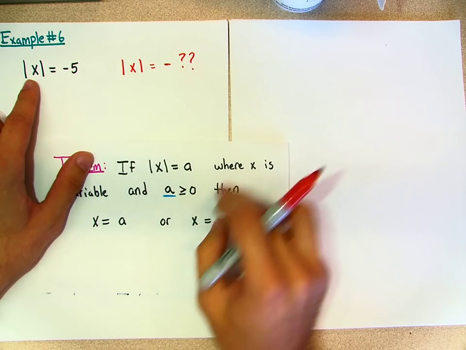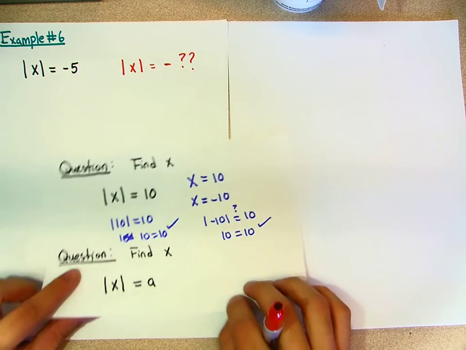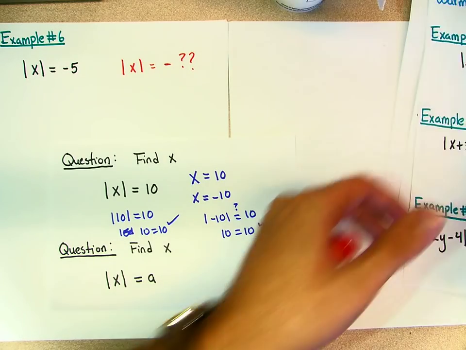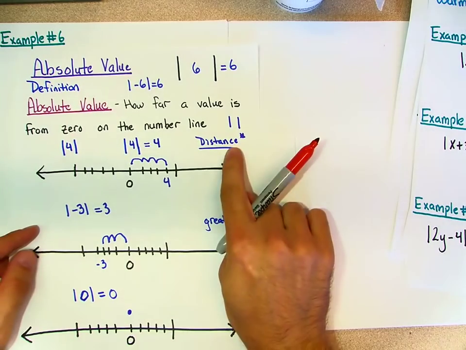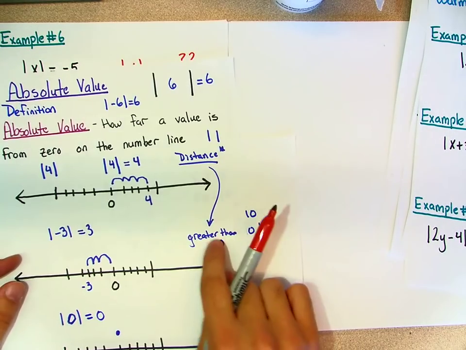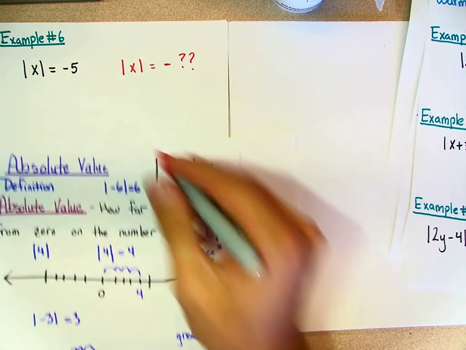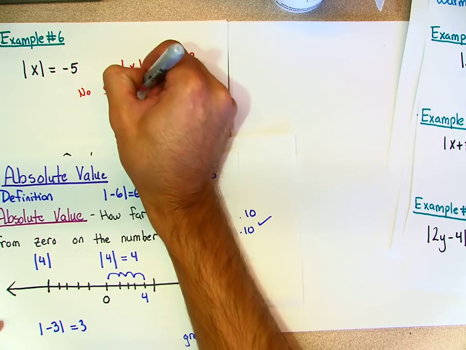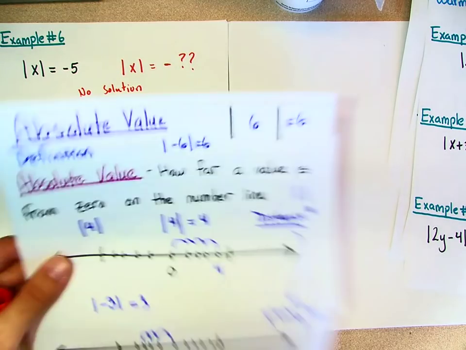Remember, by definition, the absolute value is distance, right? They're saying that some distance is negative 5. This is no solution, right? It's not possible, right?